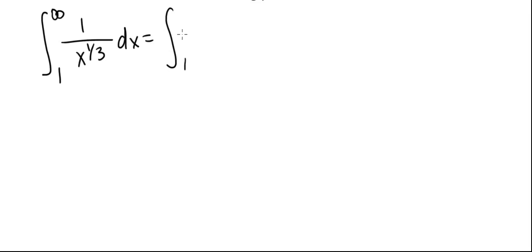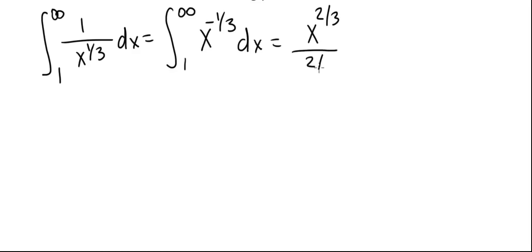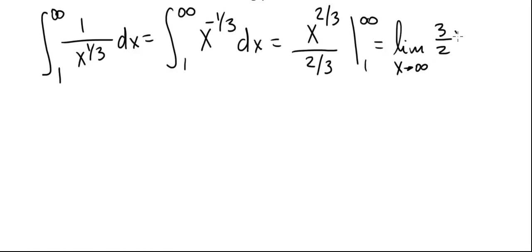So we now evaluate the improper integral from 1 to infinity of 1 divided by x to the 1/3 power. And this is the integral from 1 to infinity of x to the minus 1/3, which is equal to x to the 2/3 divided by 2/3, evaluated from 1 to infinity, and that's the limit as x goes to infinity of 3/2 x to the 2/3 minus, when we plug in 1 for x, 3/2.